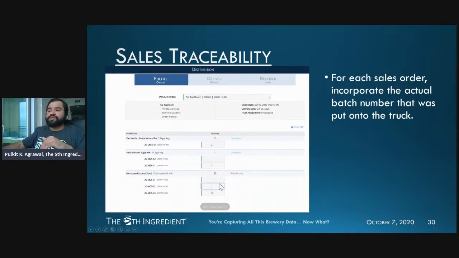What's really cool about this is that I can now start breaking down and saying that, hey, there were 16 cases of my batch 3, and I still have 9 more cases that I need to allocate to a particular batch, right?